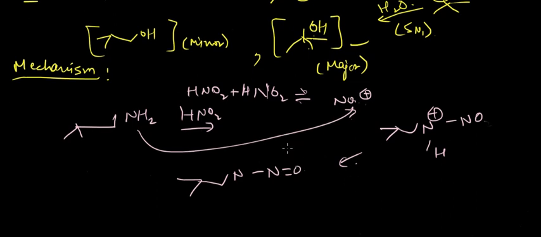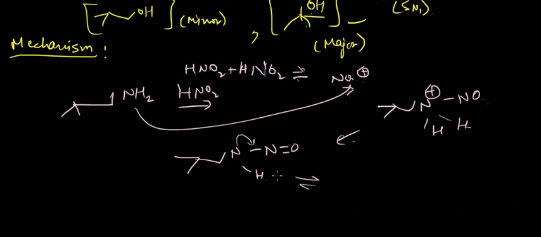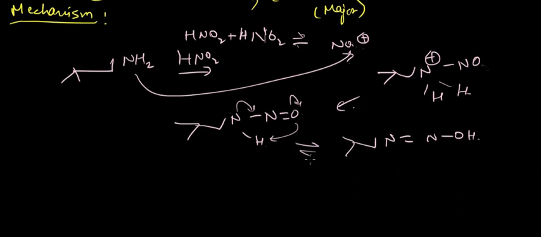H plus would be released from the reaction, and as a result we'll be getting something like this. Okay, now what will happen is again we will be getting something like this. This was HNO2, so one H would be remaining. Okay, now it will again form a double bond with the nitrogen atom, and as a result it will get positive charge, and O will get a negative charge, and O will attack this hydrogen atom, and as a result we'll be getting something like this product. Now what will be happening?